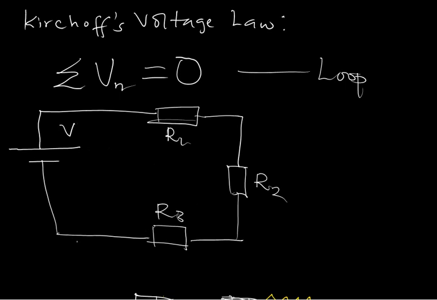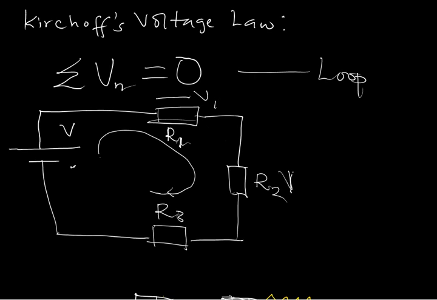If I analyze Kirchhoff's voltage law, it says that if I sum the voltage across this loop, the sum includes both the source voltage and the individual voltage drop across each resistor. This resistor will have its voltage, let's call it V1.